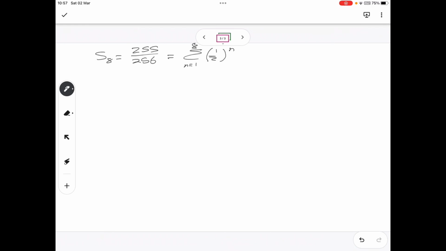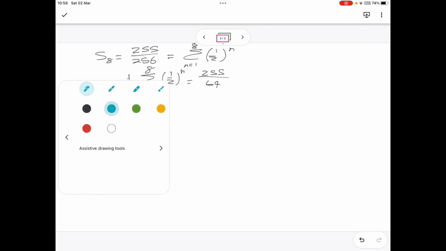We can then say, if we multiply the sum of the first 8 terms of the series times k, because originally the question was k times the sum of the first 8 terms of a half to the power n, and the answer was 255 over 64.